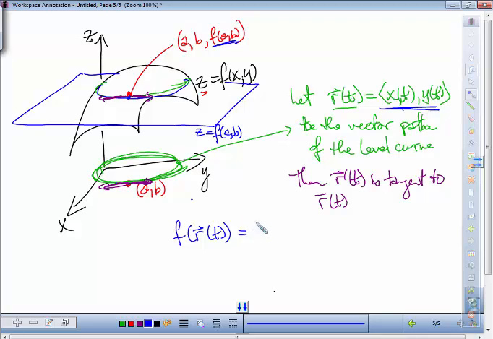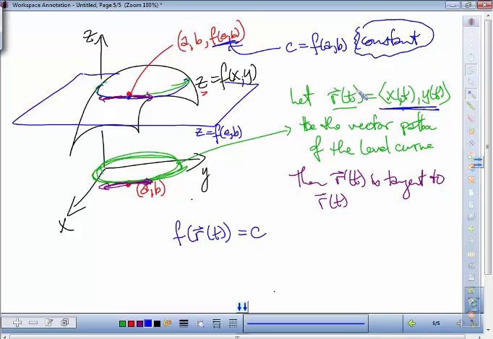Can you tell me what my height is exactly? Z, which is equal to what? F of a, b. Maybe I should call it c. All right, let's call it c. The point is that it's constant.